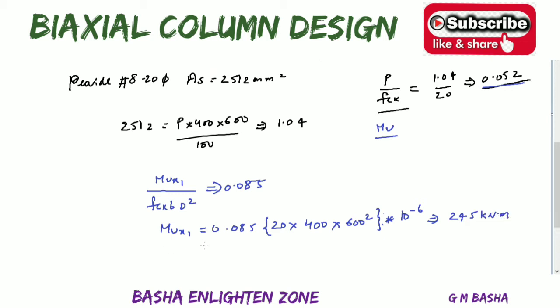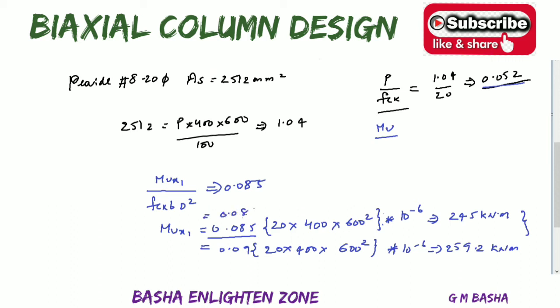And again, if you choose 0.09 in place of 0.085 and simplify the entire value, for me it comes to 259.2 kilonewton meter. Means the moment will be somewhat higher than the previous value. If you choose 0.08, the moment will decrease.